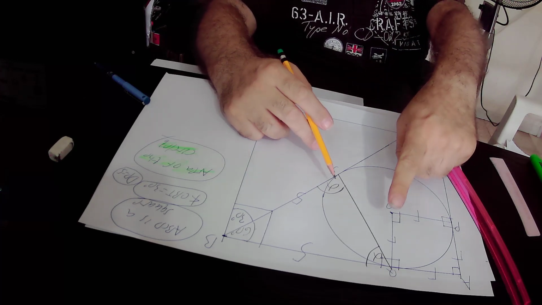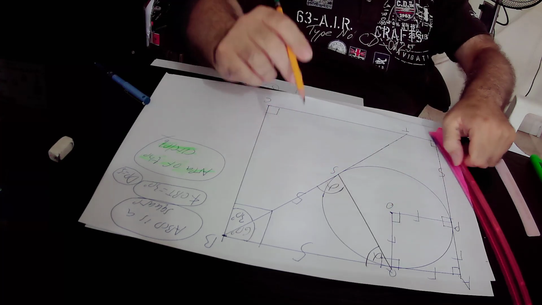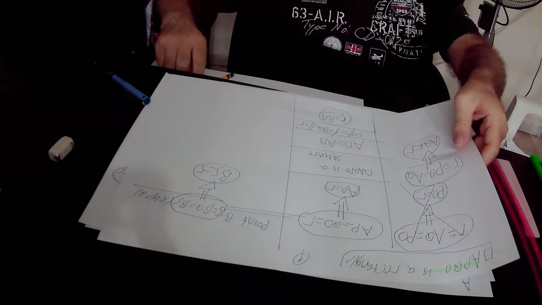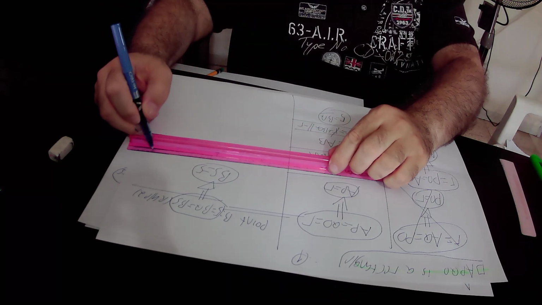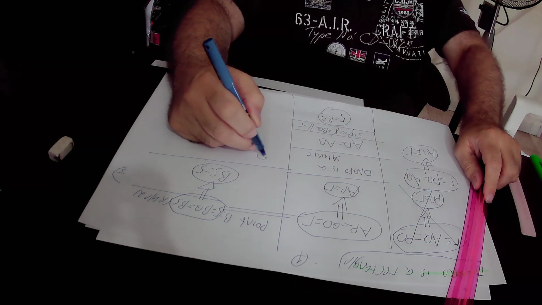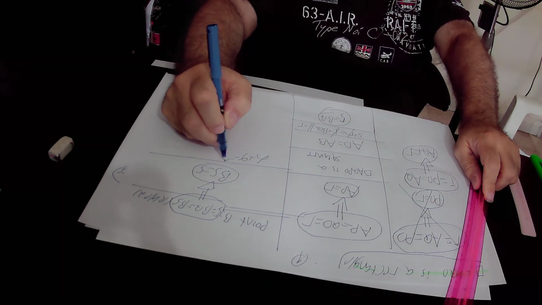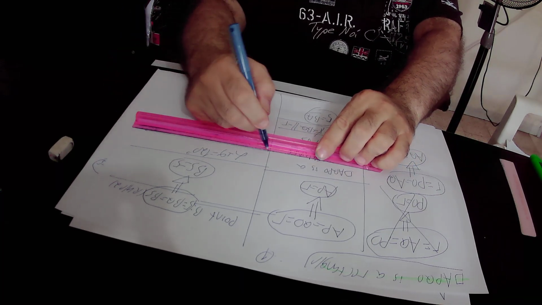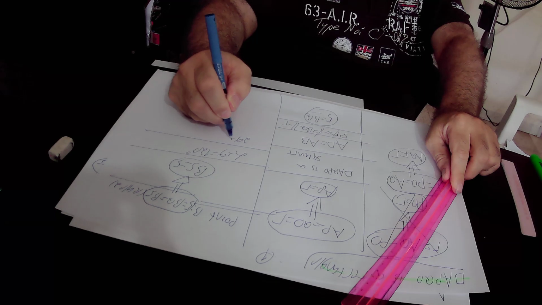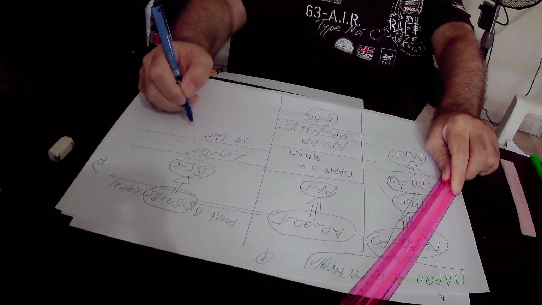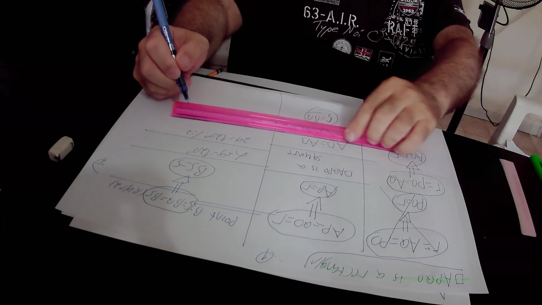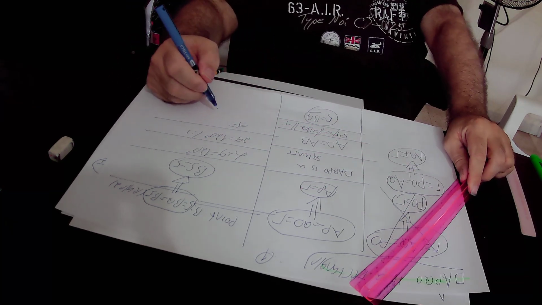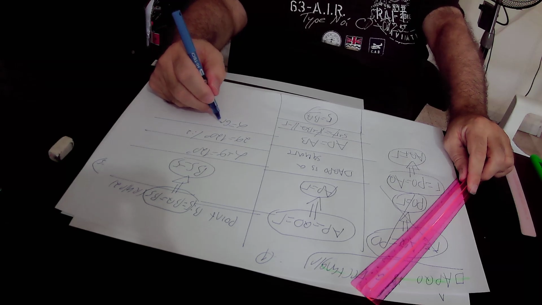That is to say, alpha plus alpha equals 120 degrees. Alpha plus alpha is 2 alpha, so 2 alpha equals 120 degrees. We divide this equation by 2, and we get that angle alpha equals 120 degrees over 2, which is 60 degrees.